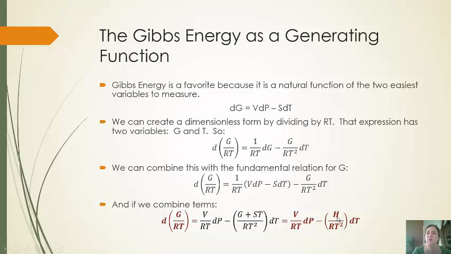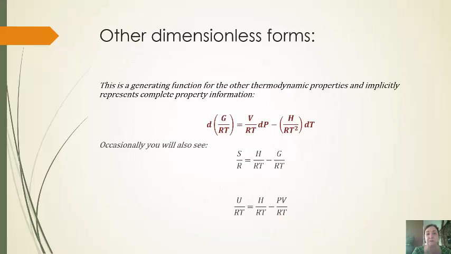Now, H is usually well tabulated, so we frequently have this as data. So this is actually a useful relationship, and we're going to find, as we continue in the course, some other ways that these quantities are useful.